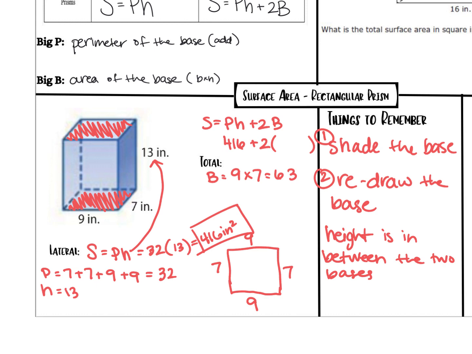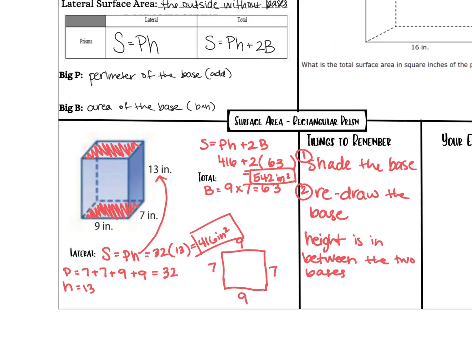So I'll go ahead and put in my big B. So we've got 416 plus 2 times 63, which comes out to 542 inches squared. So it does seem like a lot of work. It is a lot of steps, but as long as you can identify your base, you label it, redraw it, I feel like that makes it a little clearer.